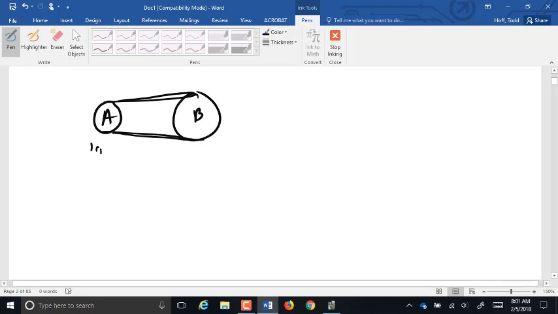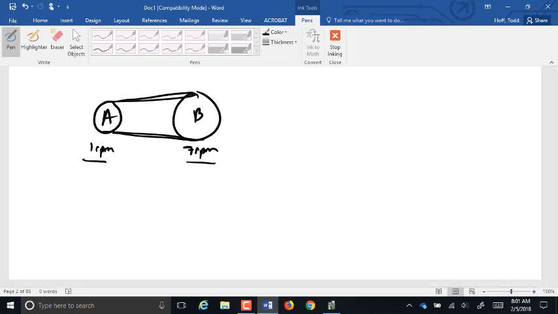But we're going to use it as that. 1 to 7, 1 RPM to 7 RPMs. Because it's not the actual amount of RPMs that really matters, it's the ratio of RPMs. This could be 100 RPM to 700 RPM, doesn't matter. Now obviously my drawing is off here because the smaller one would be turning faster.